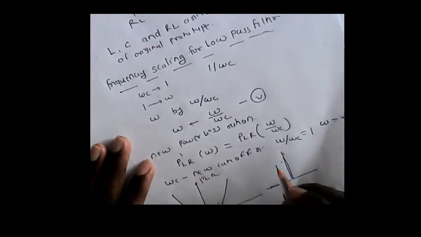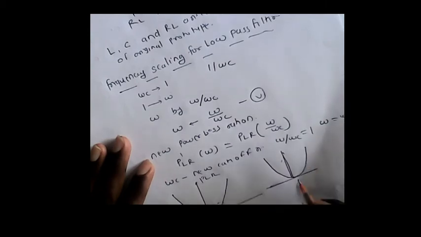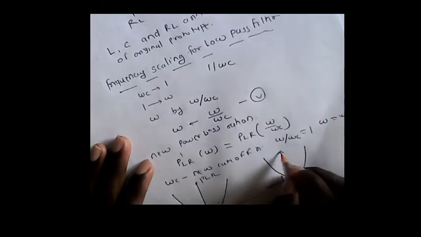This is the low pass filter LPF prototype when omega c is equal to 1, and when frequency scaling is done, we put omega equal to omega c, and at the center the power loss ratio is 0.